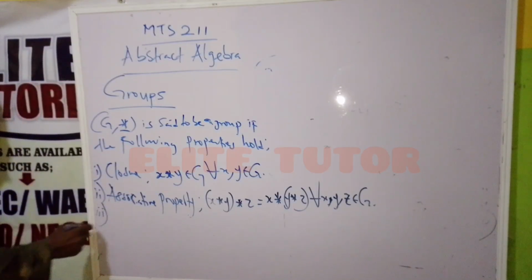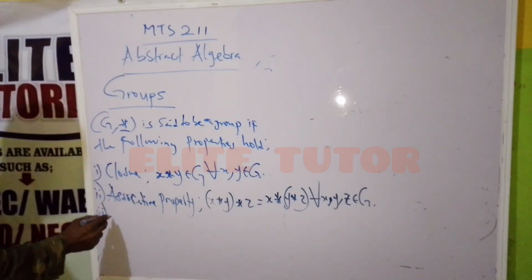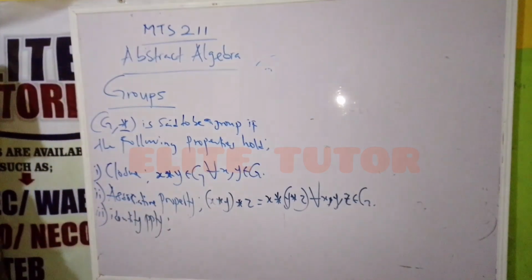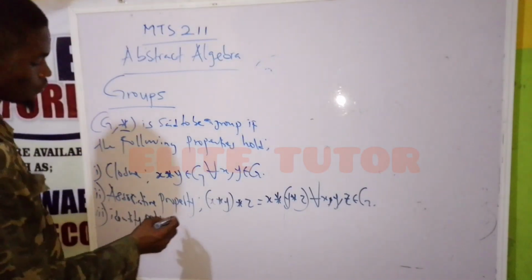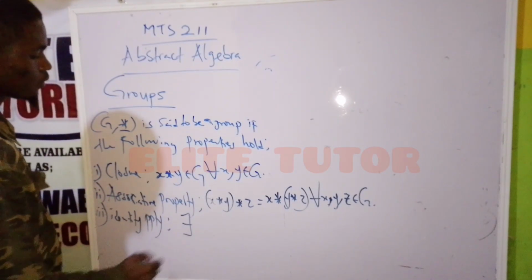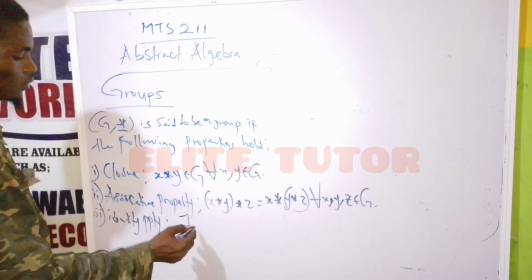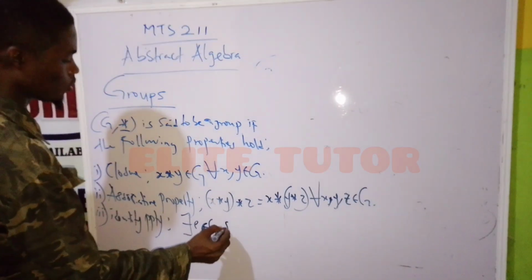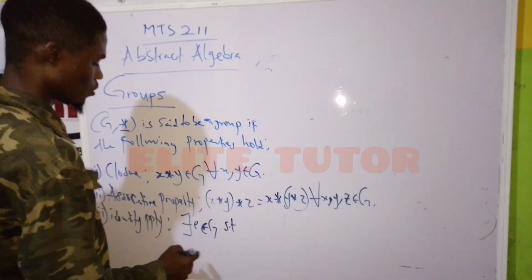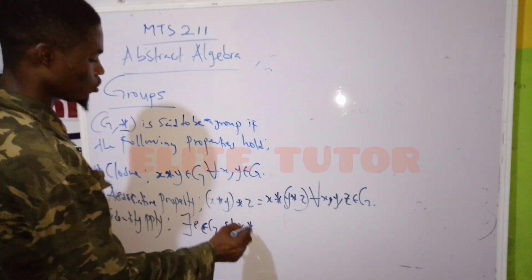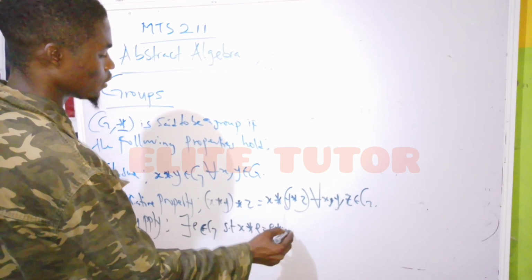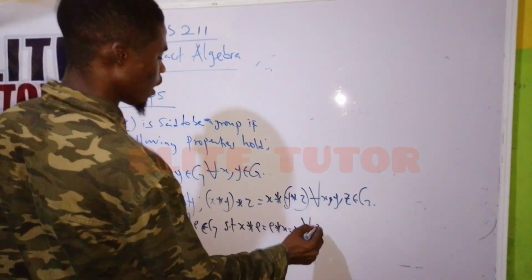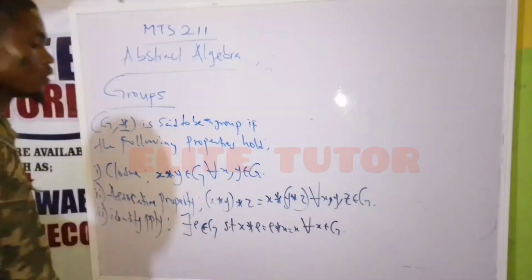Now for the identity property, it follows that there exists an identity E in G such that x operation E is equal to E operation x equals x for all x in G. That is it.